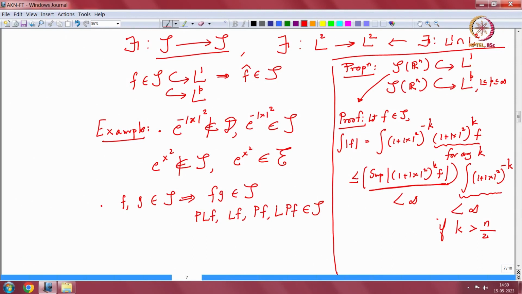The continuity can also be proved easily. If F n converges to 0 in zeta, that is the continuity in zeta, because that is a uniform convergence of all its derivatives. You can use the same trick we have written here. I will leave it as an exercise for you to prove it.